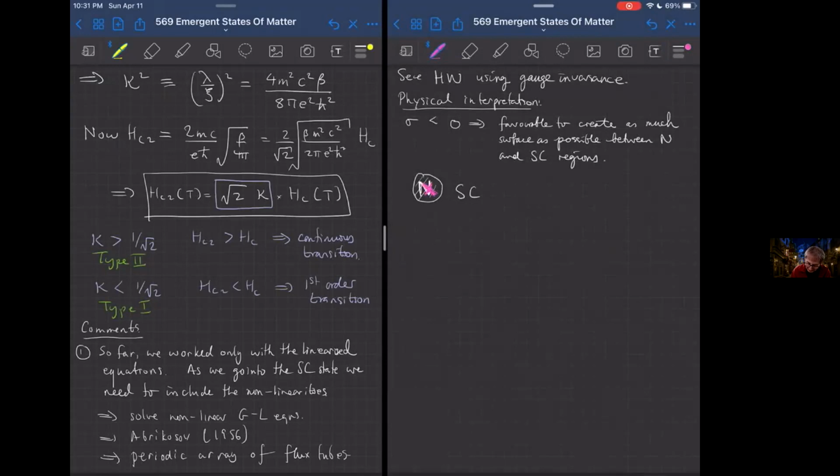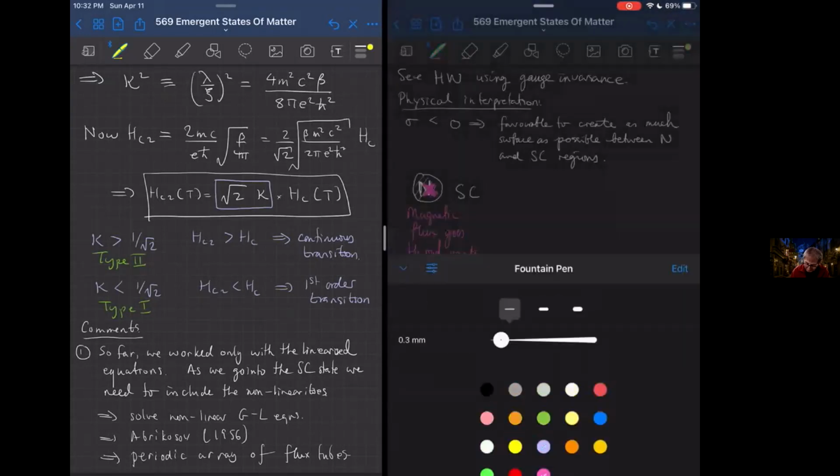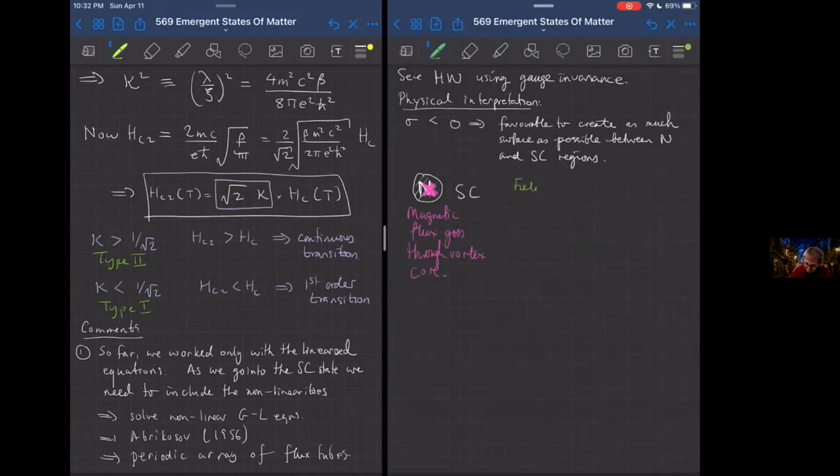I don't know how to draw this. This is meant to show you magnetic flux going through the vortex core, and then away from it, it decays exponentially to zero, and it falls off with a length scale given by the penetration depth.